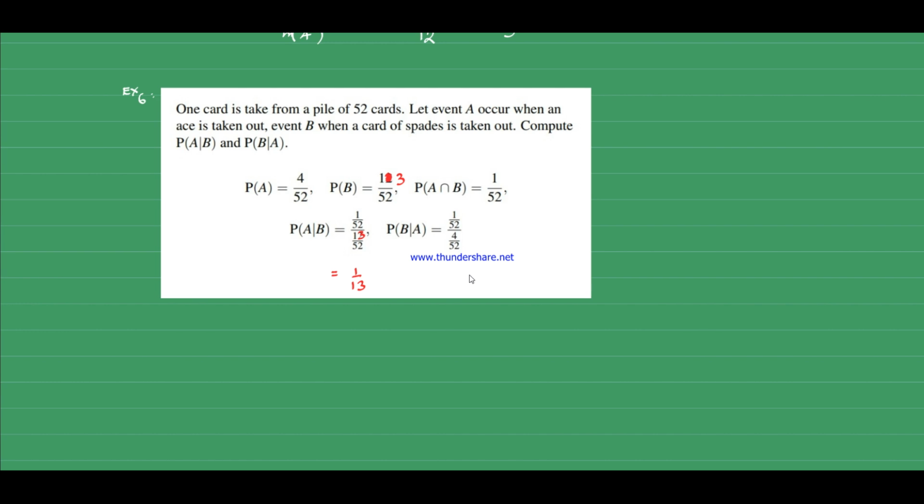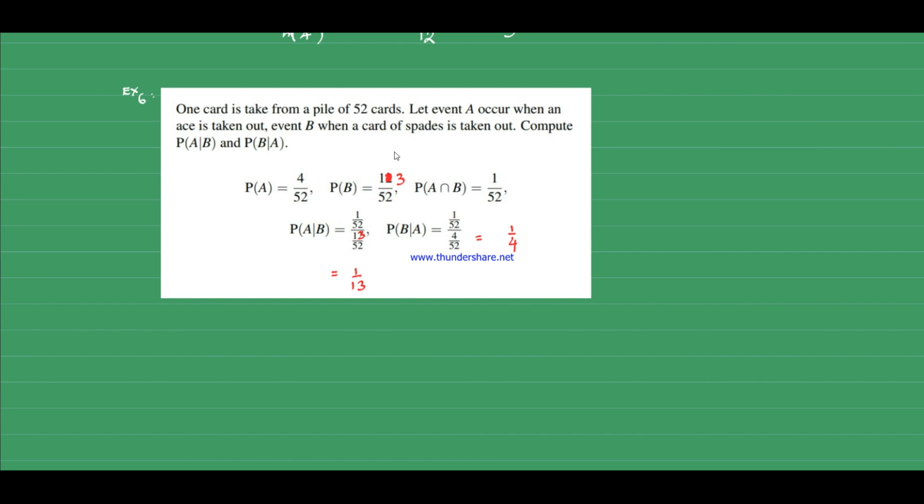And the probability of B given A will be 1 over 4. It's because when it comes to spade, we have totally 13 spades. I don't think it's 12, right? Let me count again.